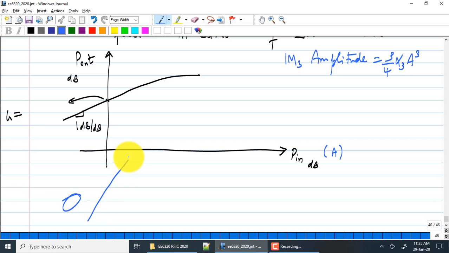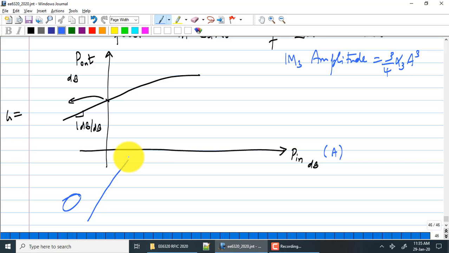Does that make sense? Yes. Power is amplitude squared and then you take 10 log. That's why I said if you increase it by 10 times, you will get 60 dB. If you make amplitude 10 times larger, power will become 20 dB higher, A squared, 10 log of A squared, and then the other one will go by 60 dB. So you will get 3 dB per dB increase.